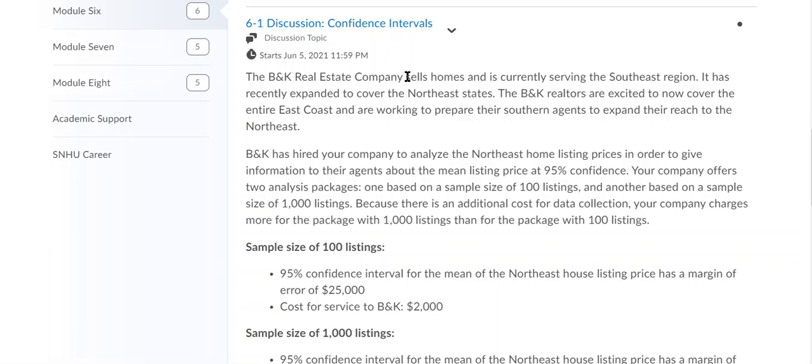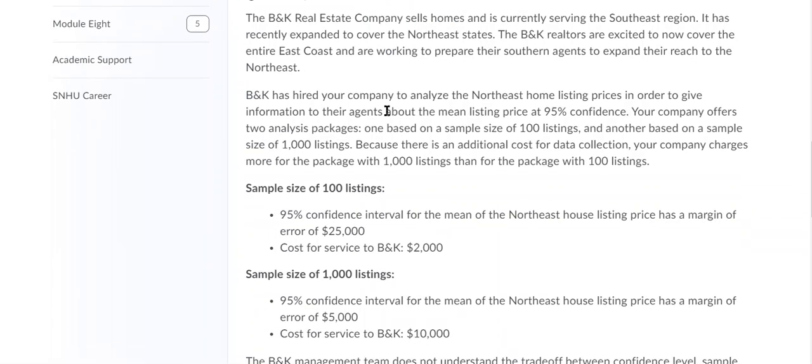we have that B&K Real Estate Company sells homes and is currently serving the Southeast region. It has recently expanded to cover the Northeast states. The B&K Realtors are excited to now cover the entire East Coast and are working to prepare their Southern agents to expand their reach to the Northeast. B&K has hired your company to analyze the Northeast home listing prices in order to give information to their agents about the mean list price at 95% confidence.